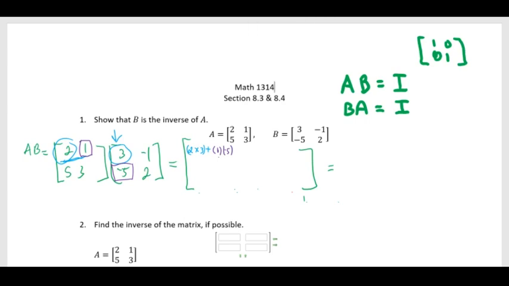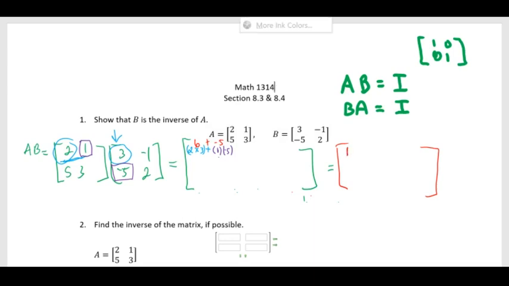And whatever number we get, we're going to place it into the first row, first column. So 2 times 3 is 6. 1 times -5 is -5. So 6 plus -5 gives me a 1.